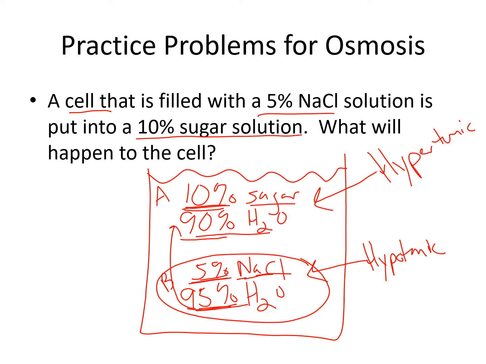So the movement of water is going to be out of the cell. So water is going to move from the area of higher concentration across the membrane to the area of lower concentration. And again, osmosis moves from the hypotonic solution to the hypertonic solution.